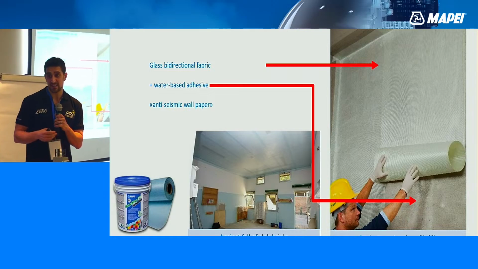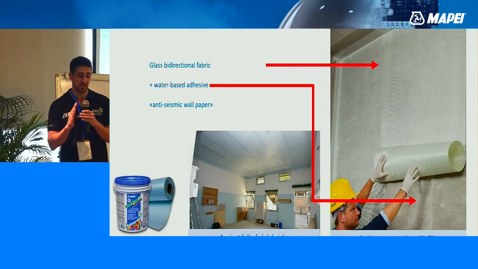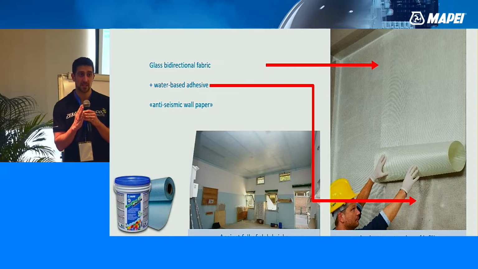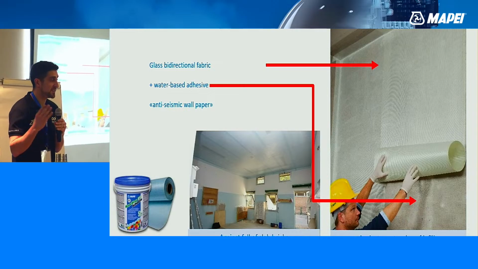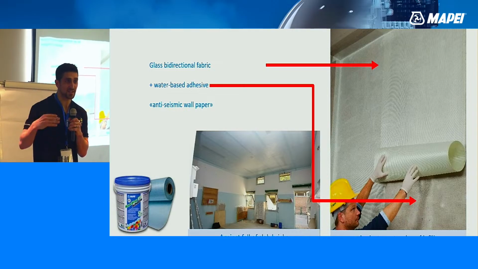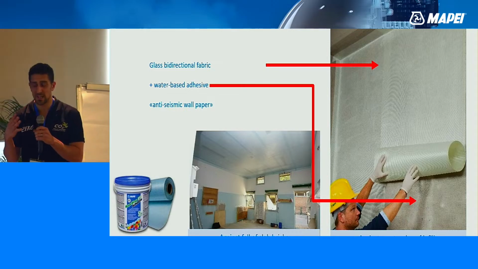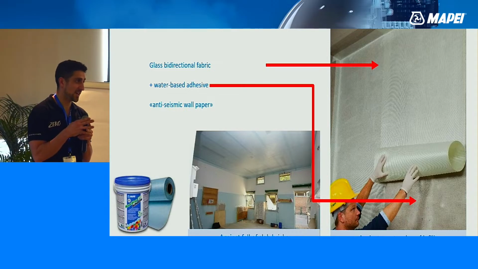Why do I like this? Because if you use an epoxy resin, the epoxy resin completely blocks the water vapor permeability. So you can have condensation inside the building if the mechanical air conditioning system is not working well. This material is able to maintain the breathability.